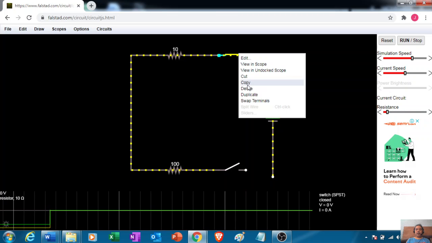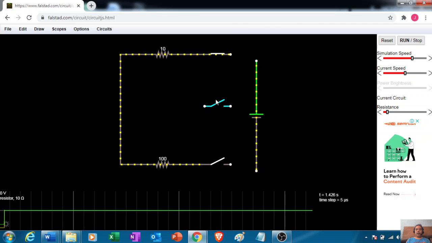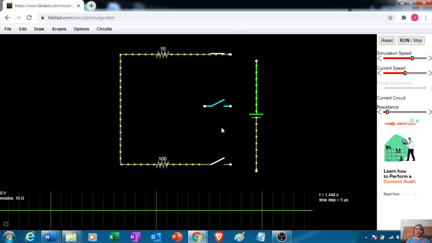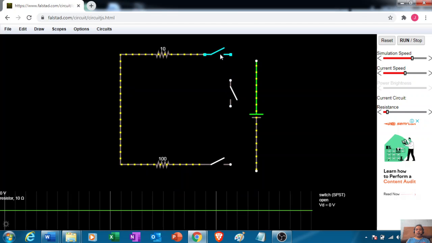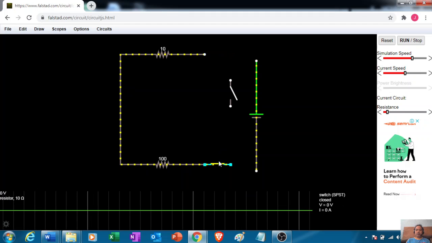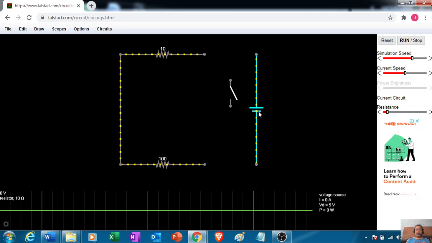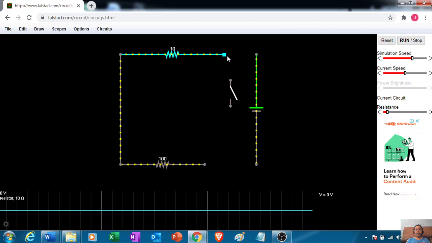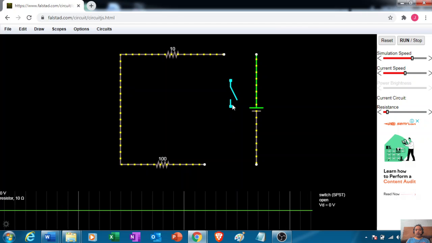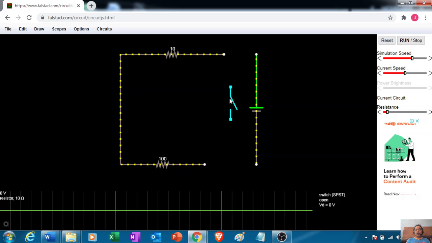let's duplicate this one. Okay, then let's rotate. Okay, and let's remove the two switches. So this time, okay, so we're going to place this in parallel connection with the source.